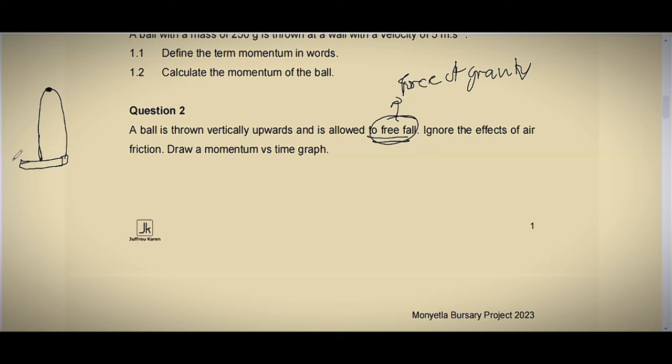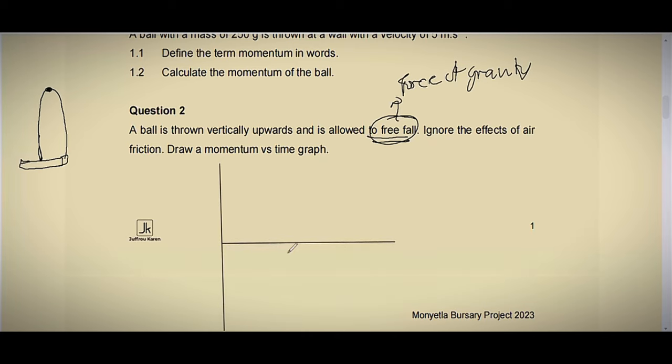To do that, the first thing we need to do is draw our Cartesian plane, because this is a graph. Now we consider that our independent variable in this case will be time, given in seconds, and our dependent variable will be momentum, given in kg·m/s.